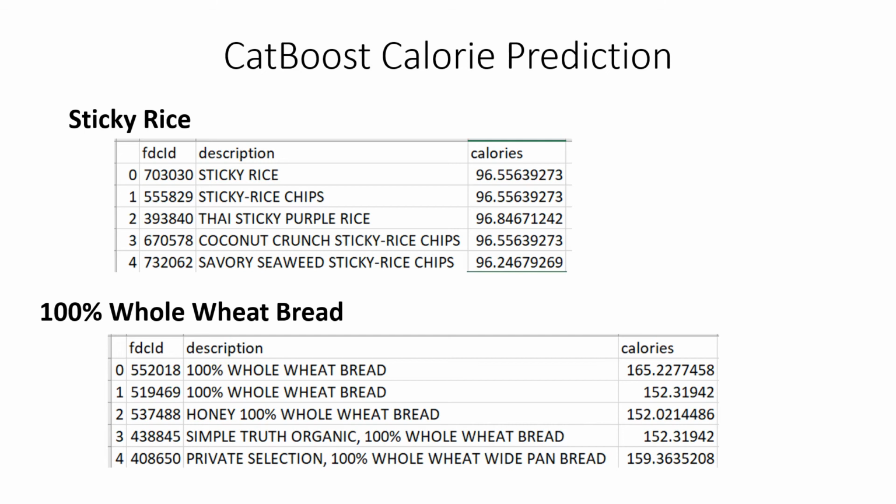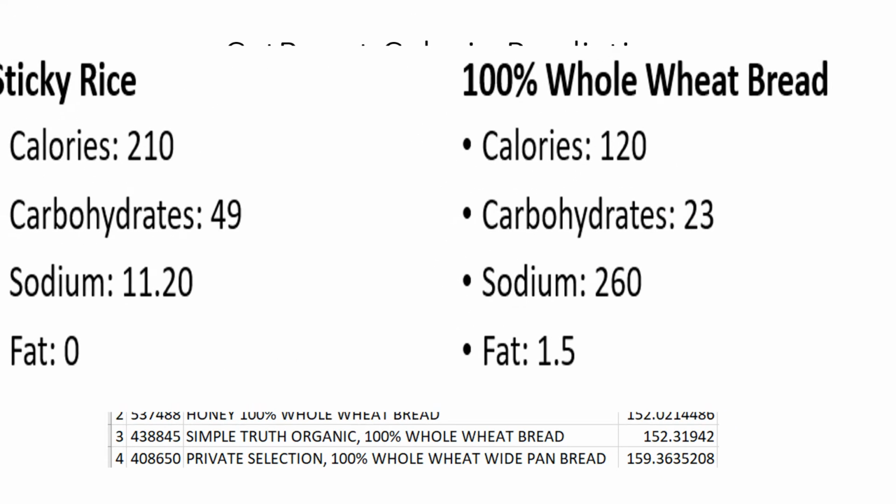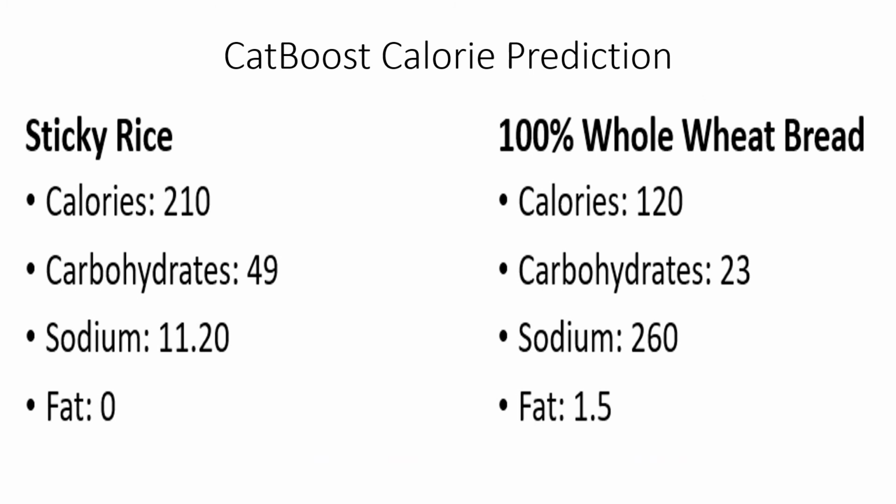Sadly, the CatBoost library was unsuccessful in predicting the calories for each of the sticky rice and whole wheat bread. As you can tell, calories were really 210 in sticky rice and 120 in whole wheat bread, which is completely opposite from what it predicted.